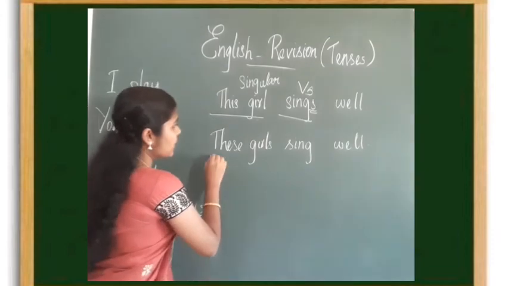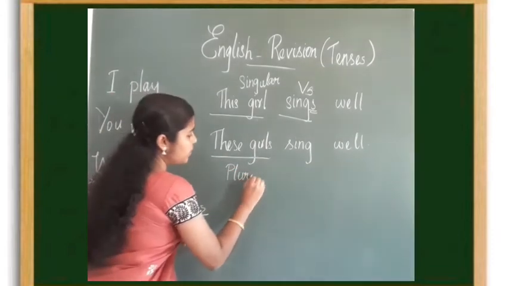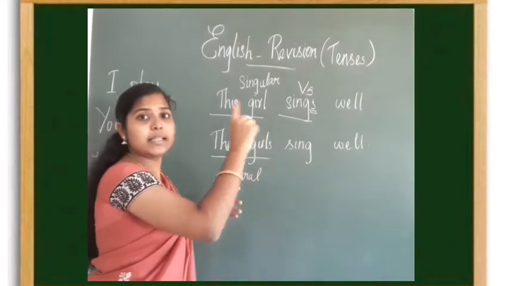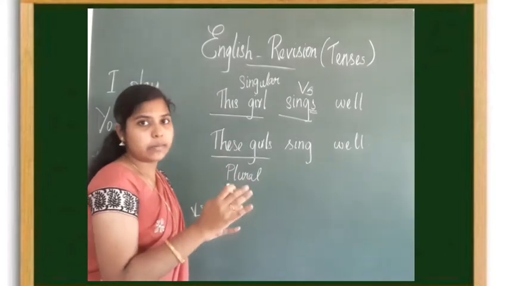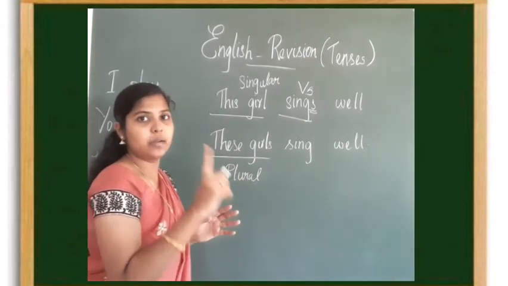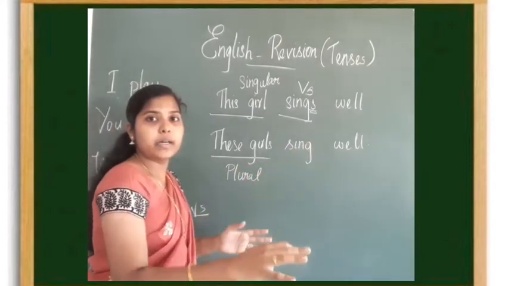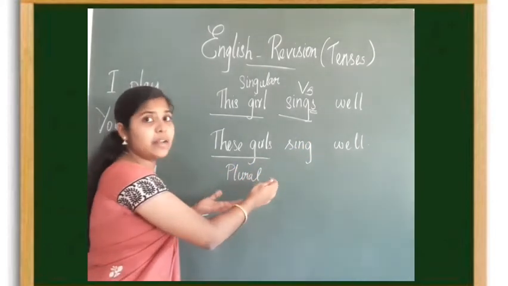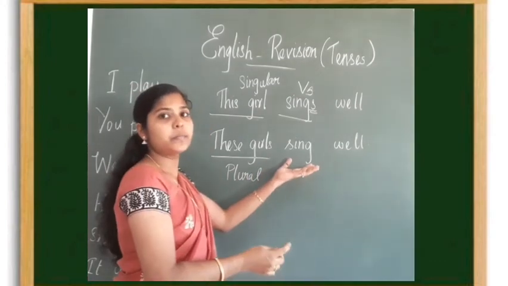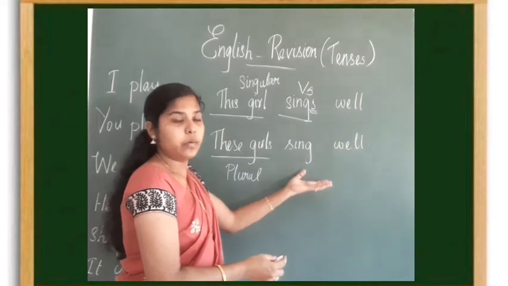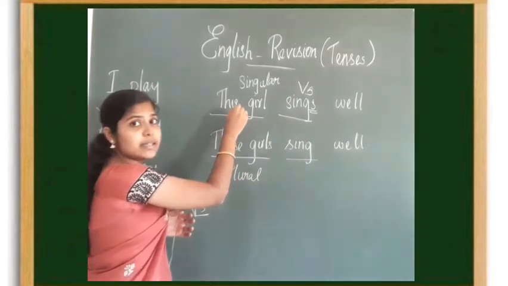Now, these girls, this is in the plural form. This girl is indicating one, that is singular subject, singular noun. This girl, one girl. But here, these girls, a group of girls. So here the subject itself is plural, and that's why the verb is also in the plural form. Sing. Here this is third person singular.